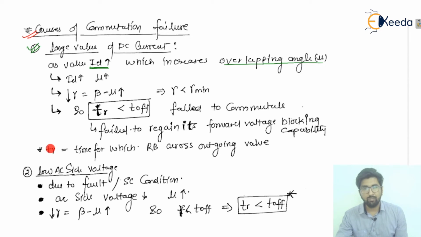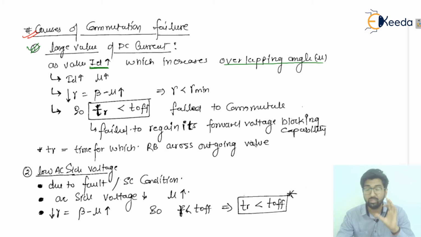Now T gamma is the time for which there is reverse bias across the outgoing valve.